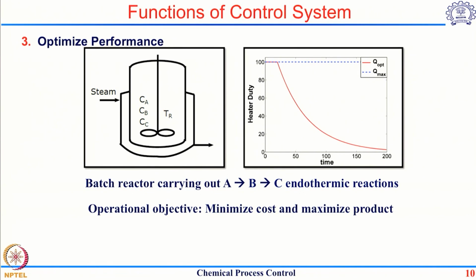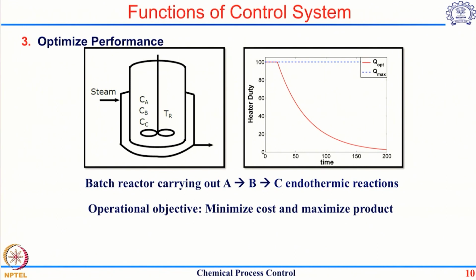Now here the objective of this operation is to maximize the production of B, which is the intermediate. So you can simply think of it as, if you want to optimize the performance, that is to get maximum amount of B, and you want to reduce the consumption of steam, the way you can operate is as shown by this red curve.